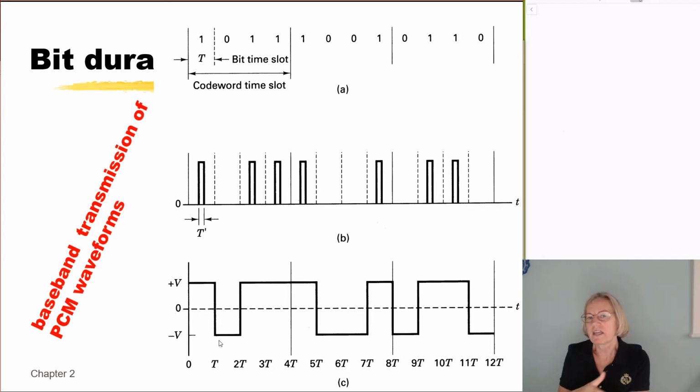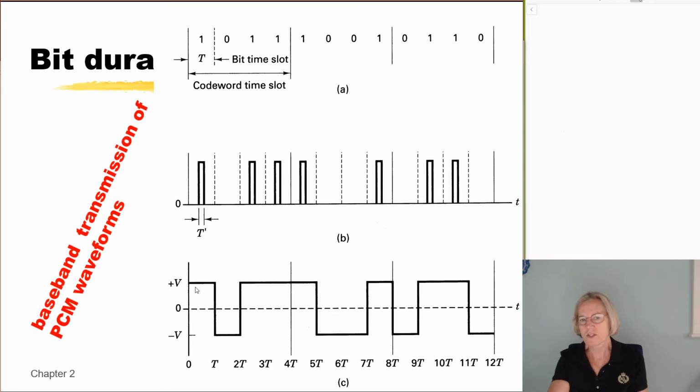So you might think, what would be a reason to want to occupy the whole bit time? I can go back again to my Fourier analysis and say, if I try to make this pulse shorter, it's going to occupy more bandwidth, and perhaps bandwidth is a quantity that I don't want to waste, and so maybe I would prefer to go this way. So we can already see that there are many choices we can make.